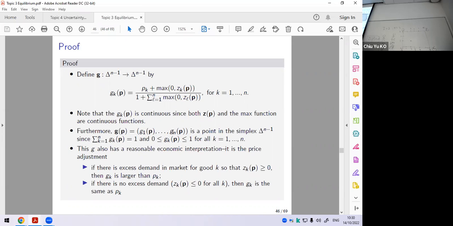That's why when we have equilibrium, the Z must be less than or equal to 0. So when we have equilibrium, when we put in a P, then you get a P. When you're not in equilibrium, when P goes in, the price adjusts accordingly. With excess demand, the price will adjust upward.